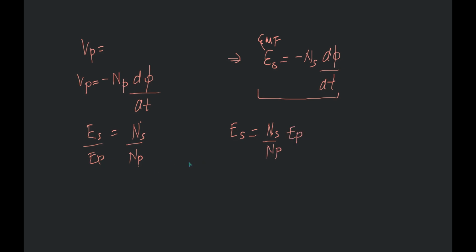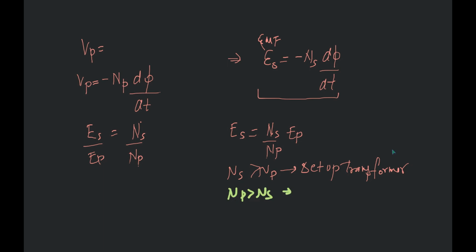So we call it a step-up transformer when ns is greater than np, right? And in step-down, np is greater than ns. When np is greater than ns, this is a step-down transformer.